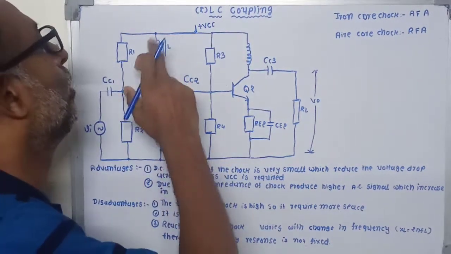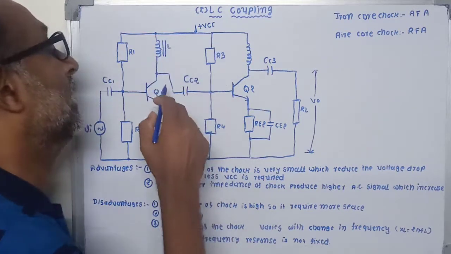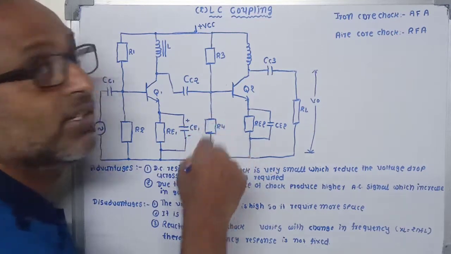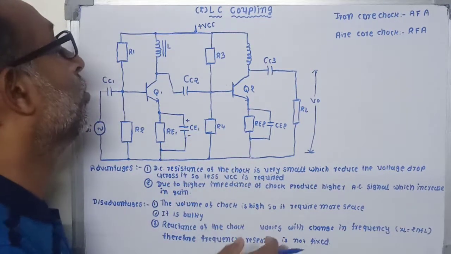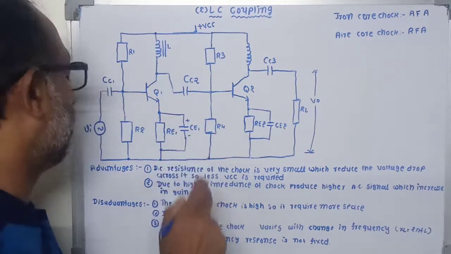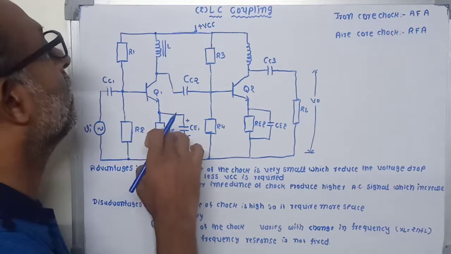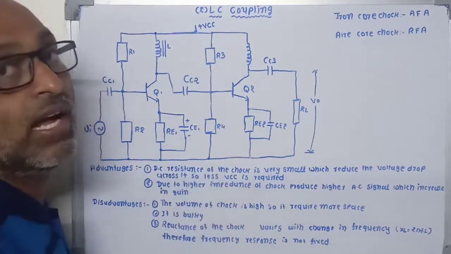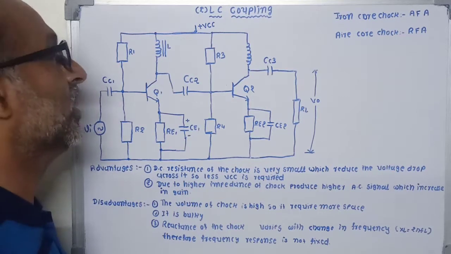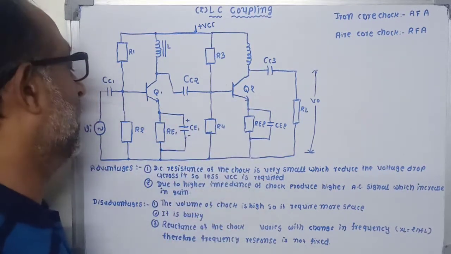The output of one stage appears across this inductor L1. Now this output voltage is applied to the base of the second amplifier through coupling capacitor CC2. Here the resistances R1, R2 and R3, R4 are voltage divider type resistances, which provide biasing for the transistor Q1 and transistor Q2 respectively.